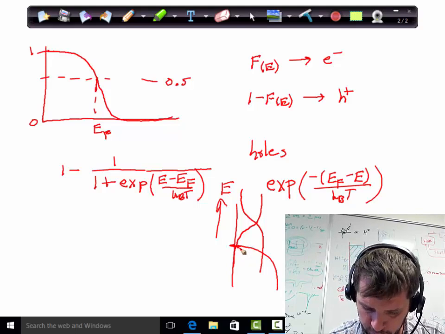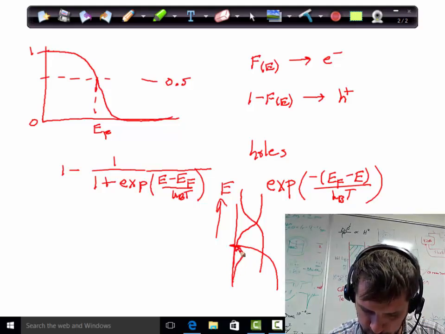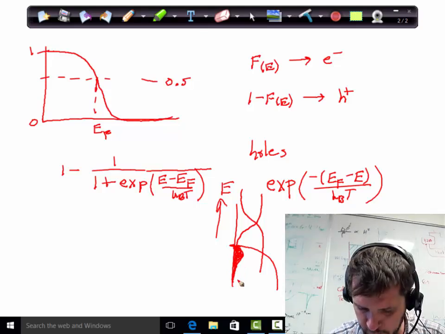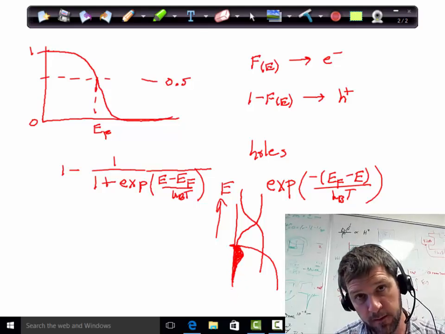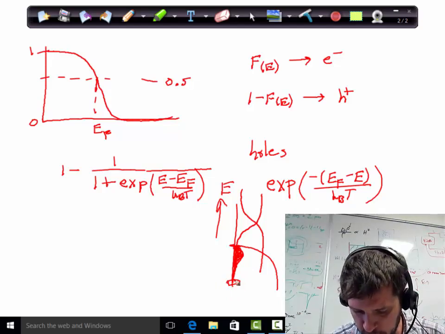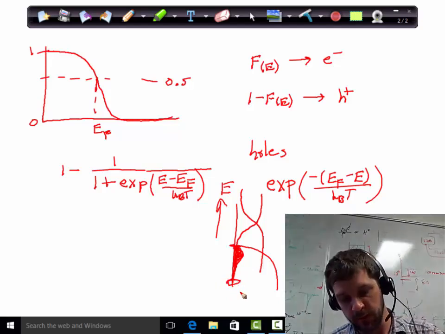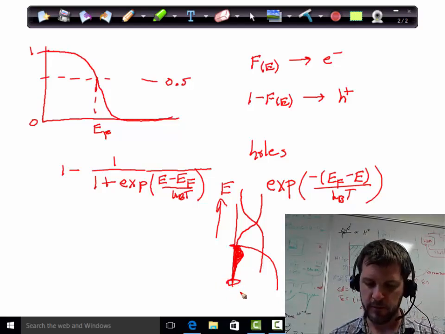Again, you'll get a distribution of holes in the valence band with a similar energy distribution: very few near the band edge, rising to a maximum, and then exponentially decaying. The probability of getting these holes at energies far away from the band edge is very small.